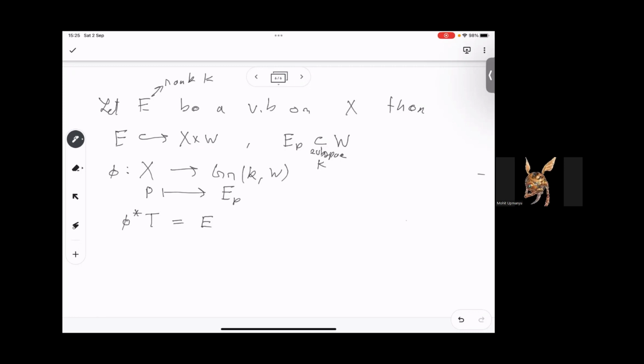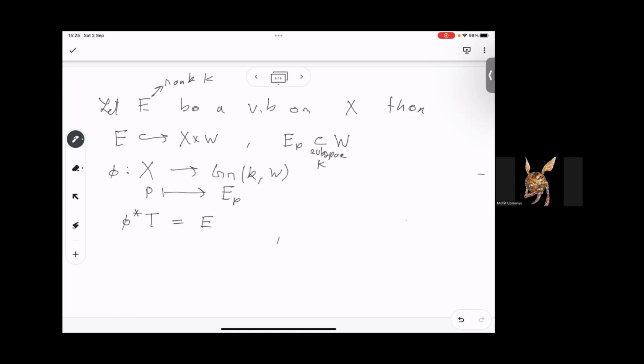It is precisely E_p, because that's how p goes to E_p was the map. And the vector space above E_p in the tautological bundle was E_p itself. So for every point, we'll get E_p, and if we pull back, we'll get the bundle E. So this is a very nice map, and we can recover the vector bundle just from this data.